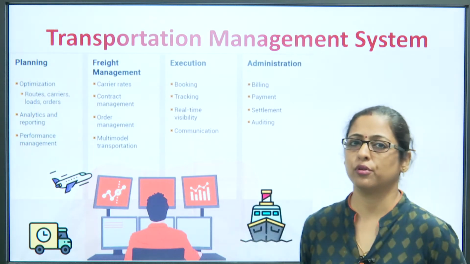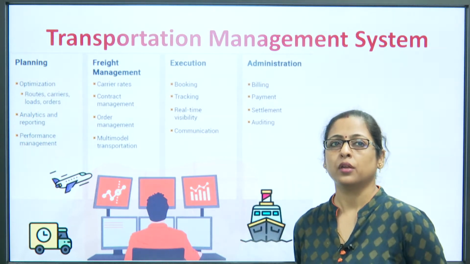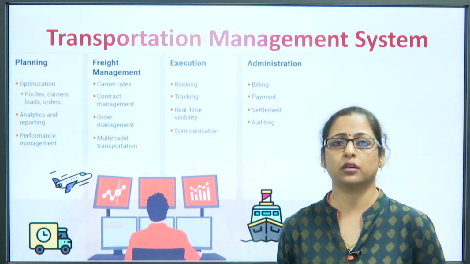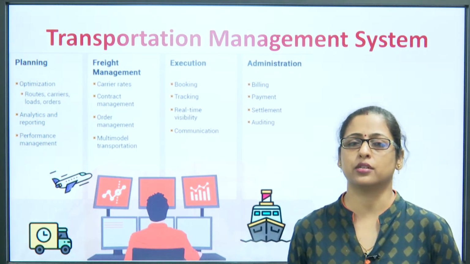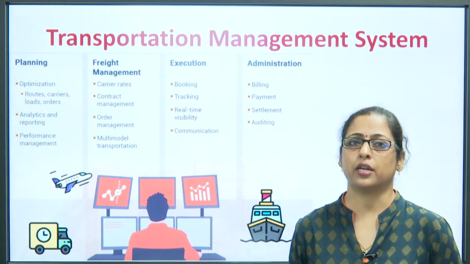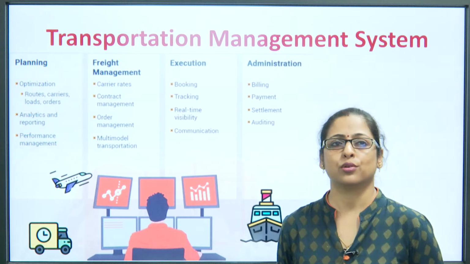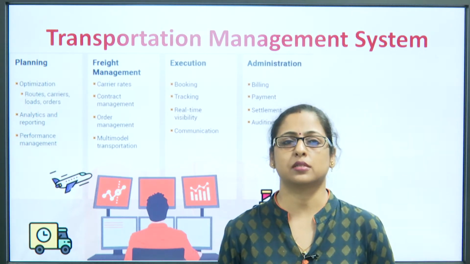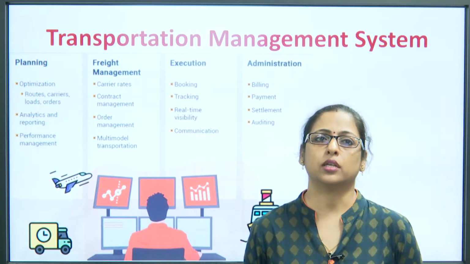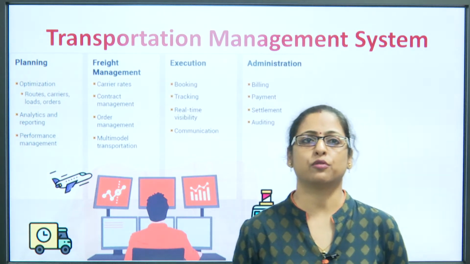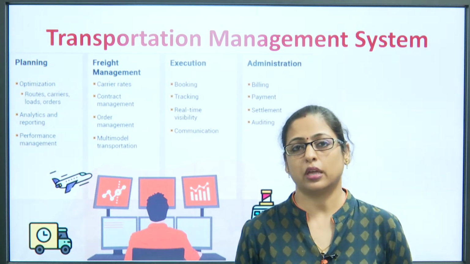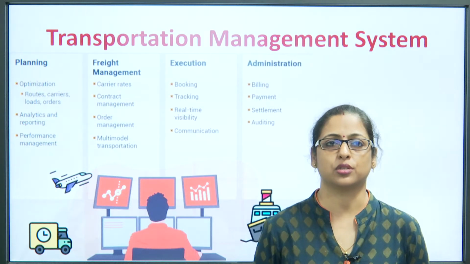If you can see the diagram at the back, these are the various activities included in the TMS: planning, freight management, execution and administration. By adopting TMS, organizations are able to plan the different routes, carriers and loads they need to use in the transportation system.